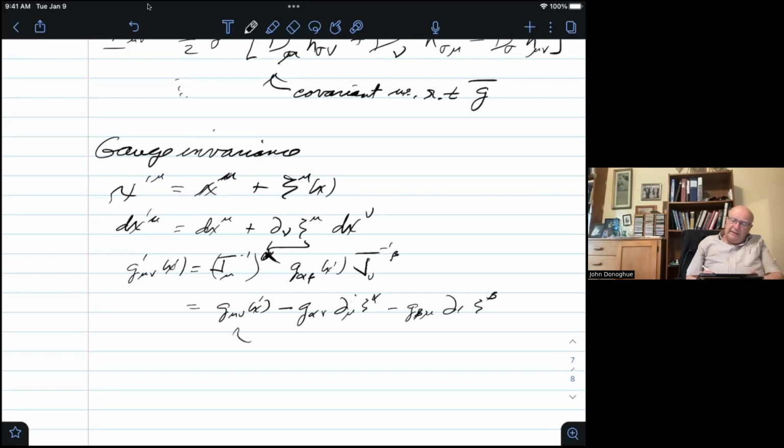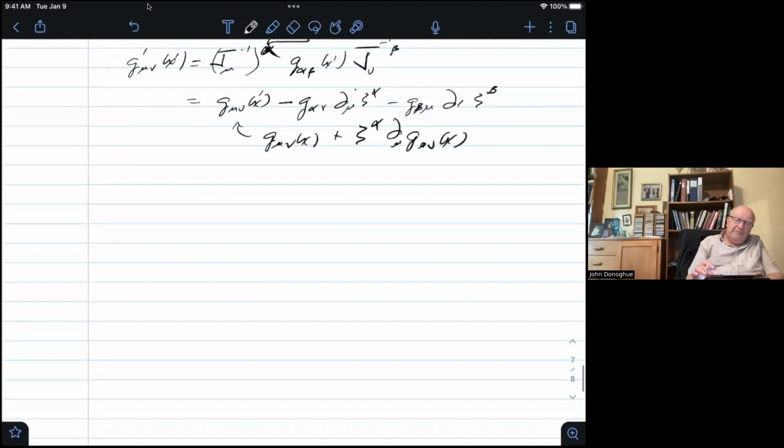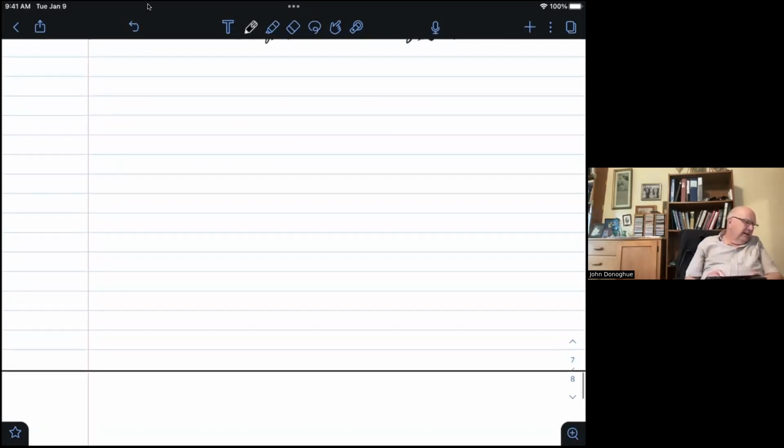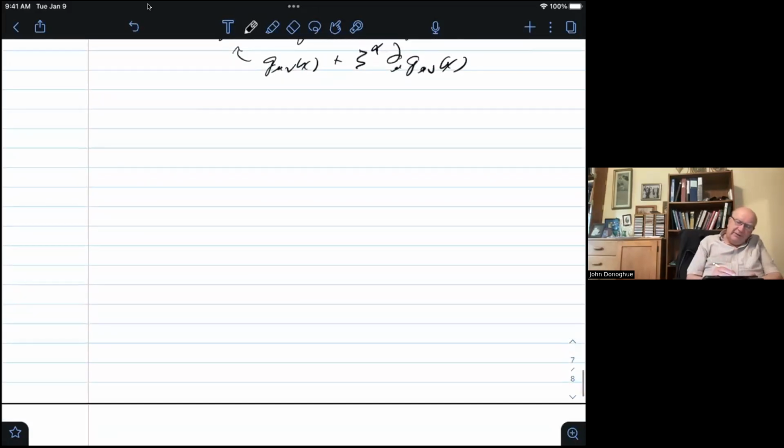And I expand this guy as G mu nu of X plus C alpha d mu G mu nu of X. Sorry, I've got too much algebra going on here, but let's write it.